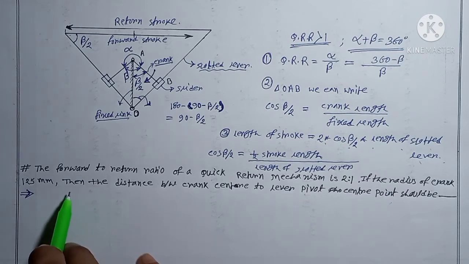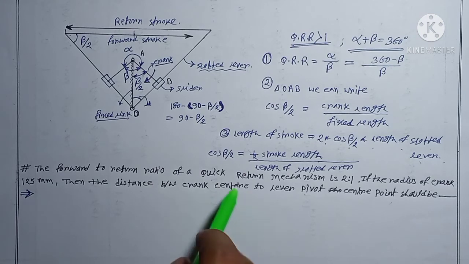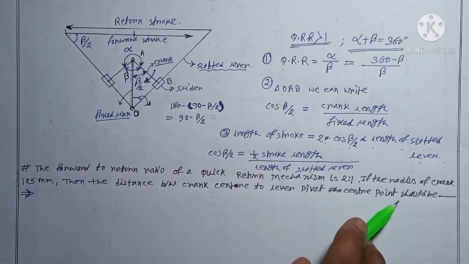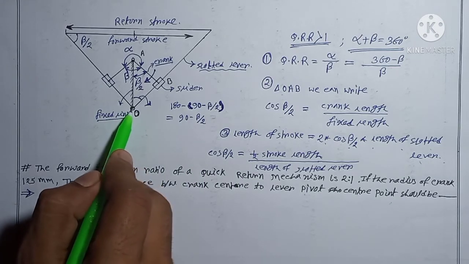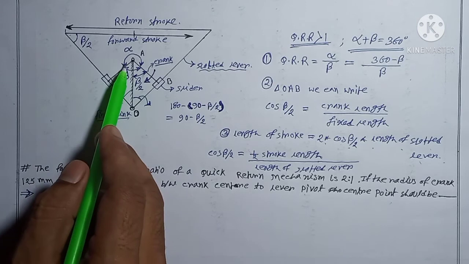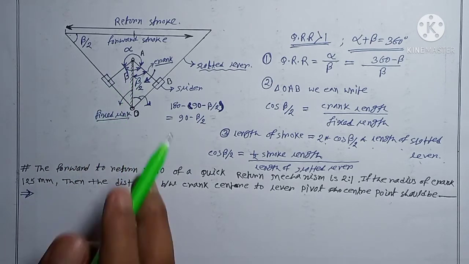Carefully understand the meaning of this line: the distance between crank center and lever pivot center point means they indirectly ask us to find the fixed link length.